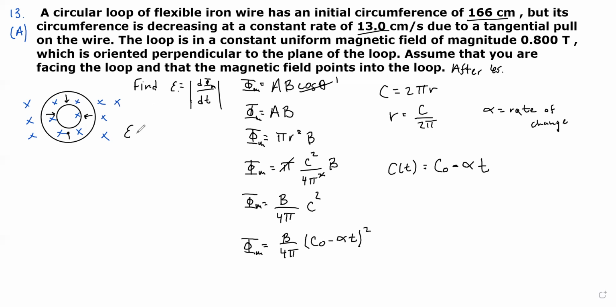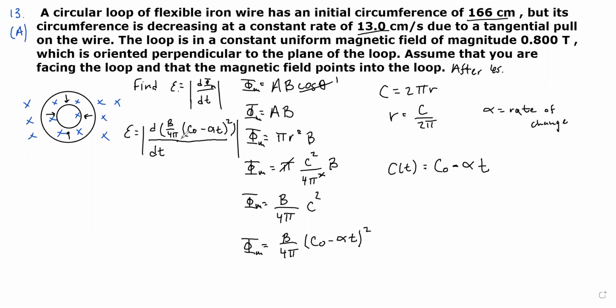So we get the EMF is equal to the absolute value of B over 4 pi times, oops, I forgot the d/dt. d/dt of B over 4 pi times C original minus rate of change times time, squared, absolute value.